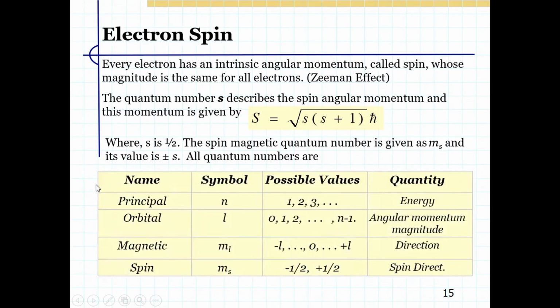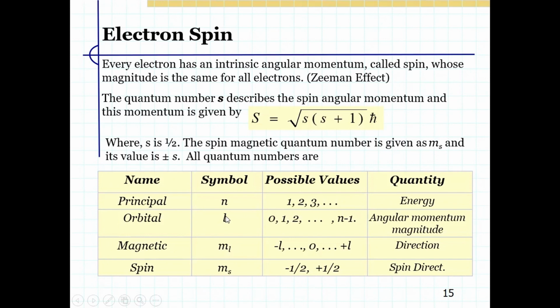So therefore, if we now write down all the possible quantum numbers that are coming out of the quantum theory, they are the principal quantum number, n, the orbital quantum number, l, the magnetic quantum number, which is telling the direction, ml. The spin quantum number is ms. Now, the quantities that are associated with these: the principal quantum number has the energy relationship.